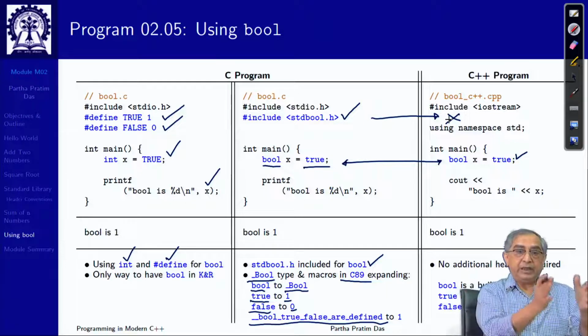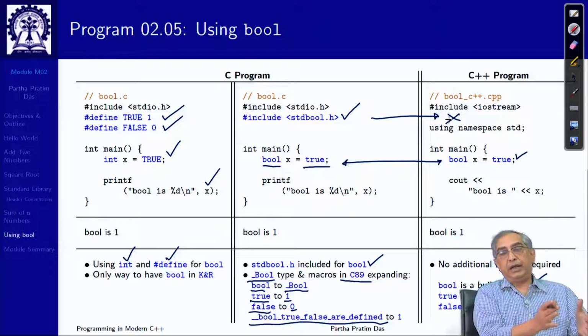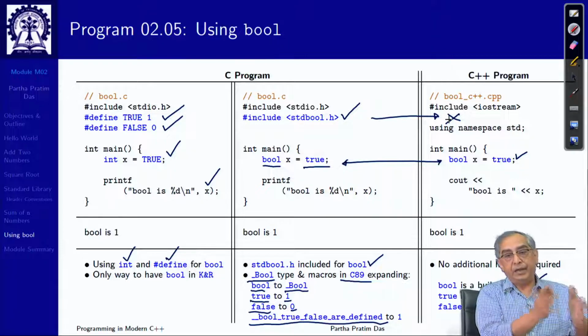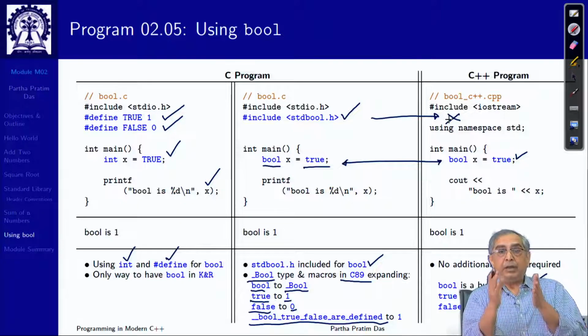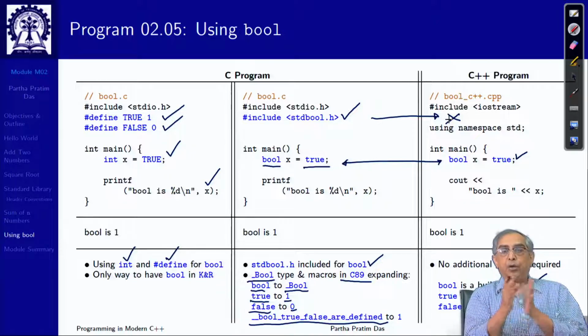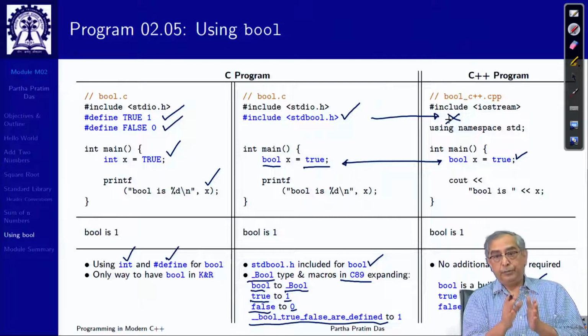So, in the leftmost in K and R C, there was no support in the language nor in the library. So, you are creating and interpreting your bool in your own way. In the second column, you are in C99 onwards, C89 onwards, where you have a library support to give you a feeling of a Boolean bool.